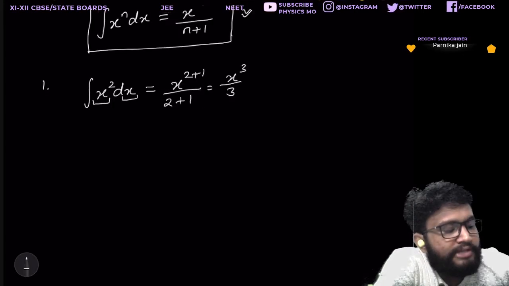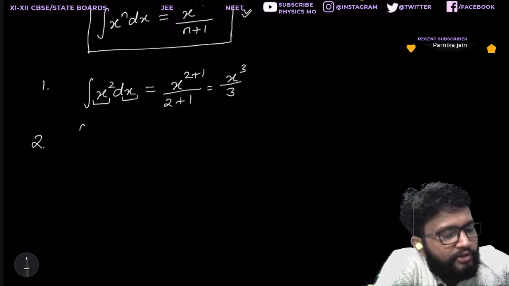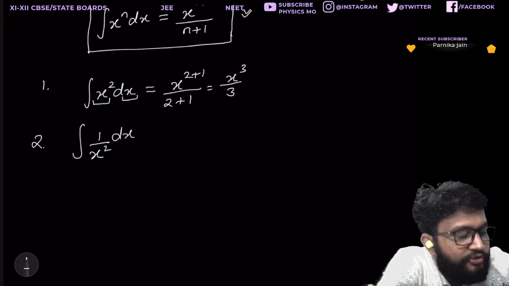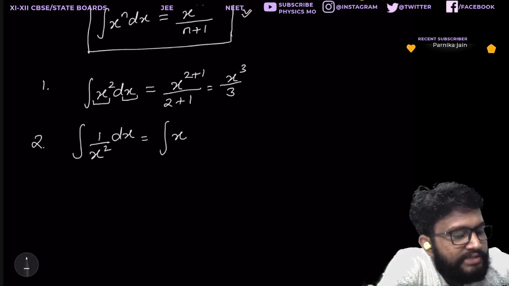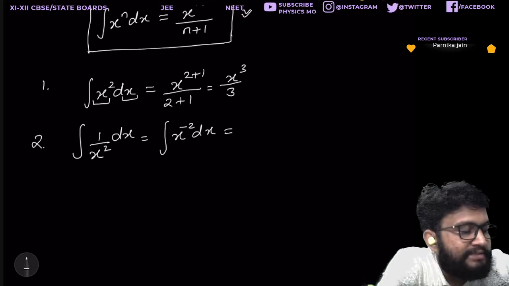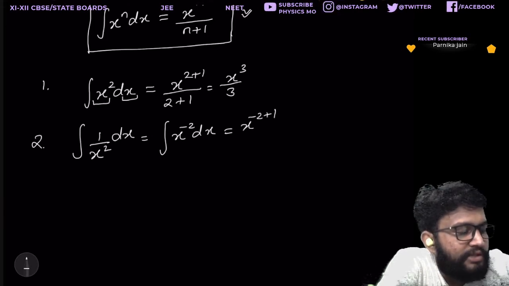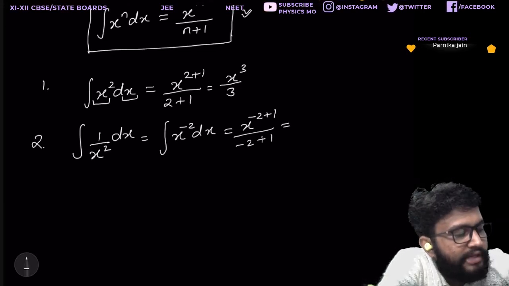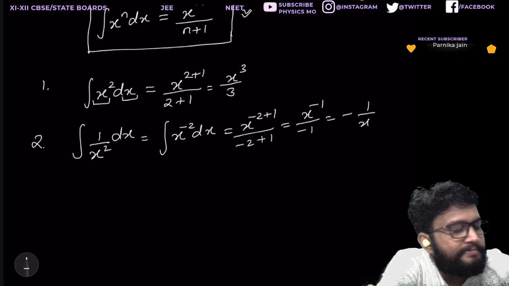Let's take one more example. If you are asked for integration of 1 upon x square dx, you will write it in a better form, which is x raised to power minus 2 dx, and this will be equal to x raised to power minus 2 plus 1 upon minus 2 plus 1, which equals x raised to power minus 1 upon minus 1, or you can say minus 1 upon x.